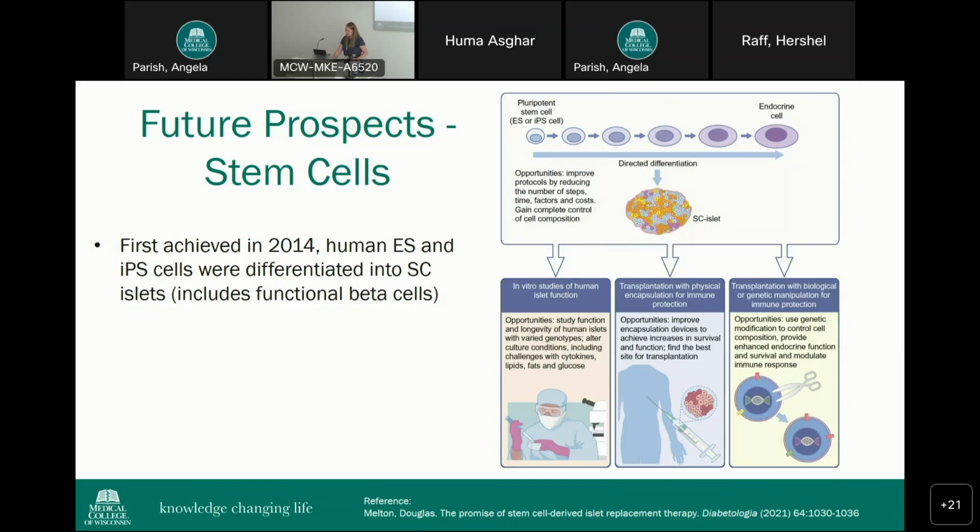So we're in the phase 1, phase 2 trials at multiple centers in Alberta, Canada, looking at human embryonic stem cells being implanted in the differentiation stage of endocrine progenitors, and then possibly putting these in microencapsulation devices, because that would reduce our need for immunosuppression.